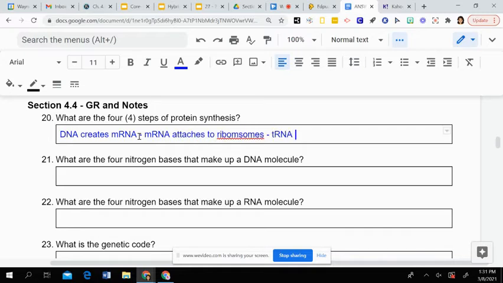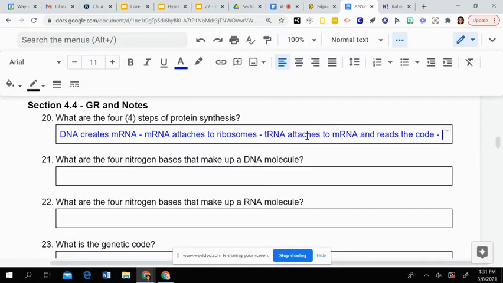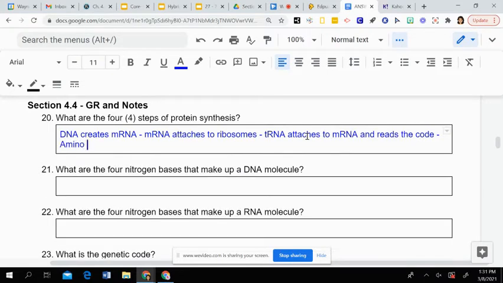Then transfer RNA attaches to messenger RNA and reads the code. Then amino acids are added to create a growing protein. Okay?